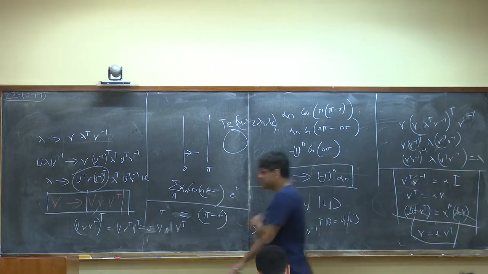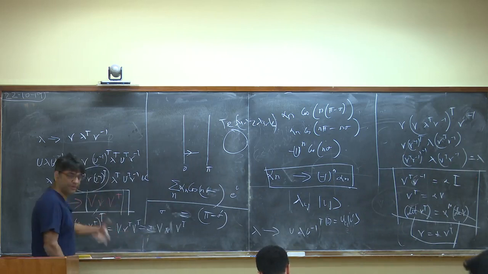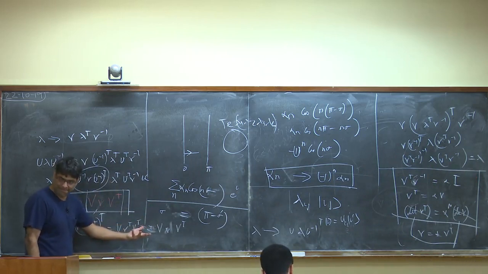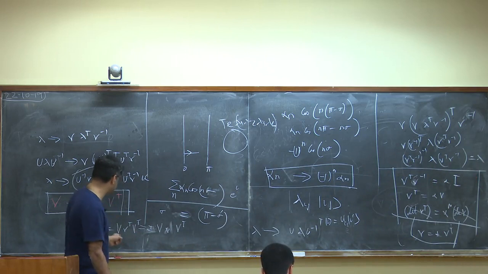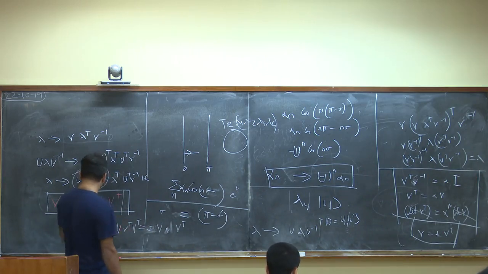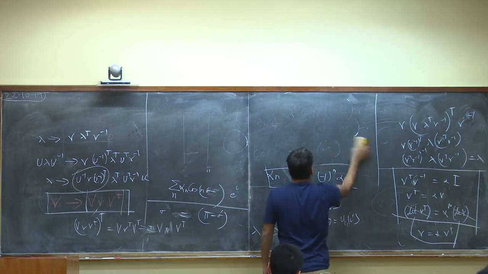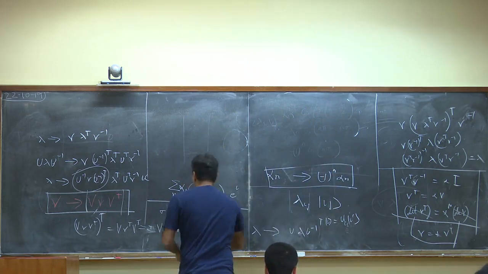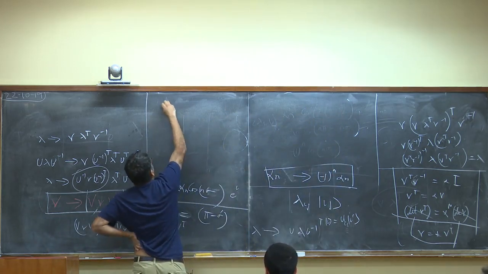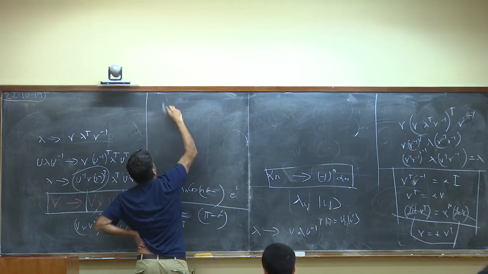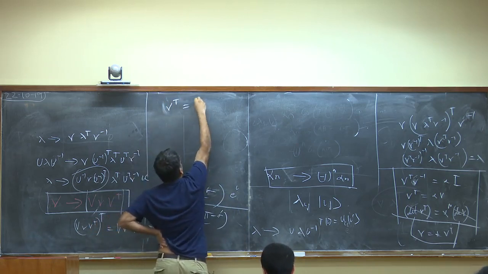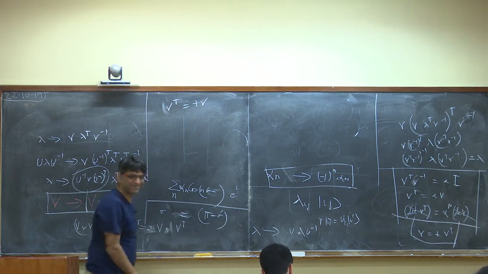Okay, so this is the kind of transformation, by doing this change of basis, that retains this property. Okay, now we can ask, suppose I have a matrix such that gamma transpose is equal to plus gamma to start with.